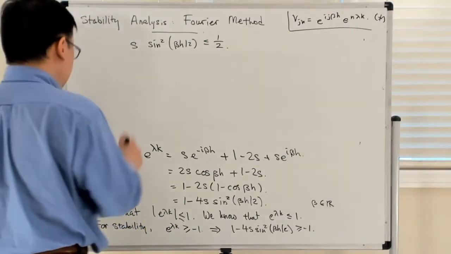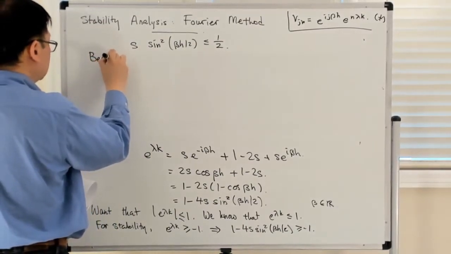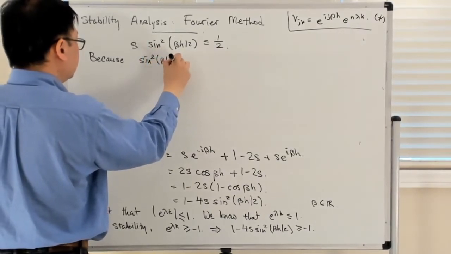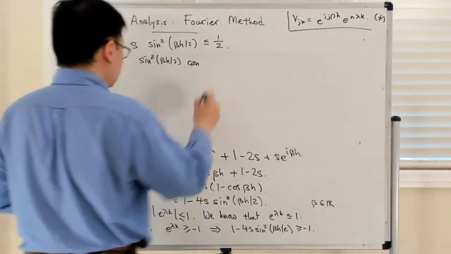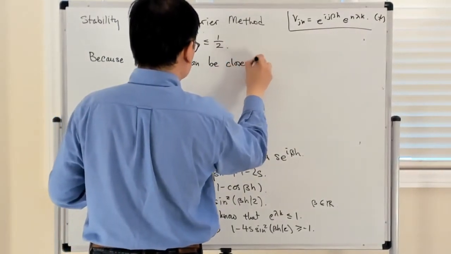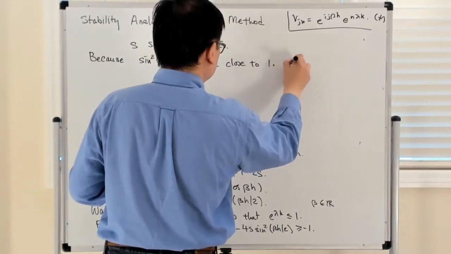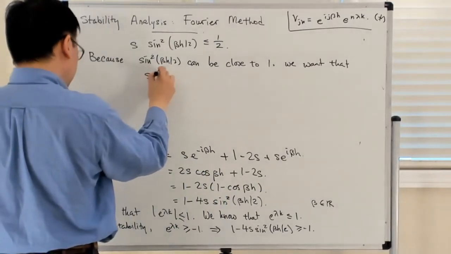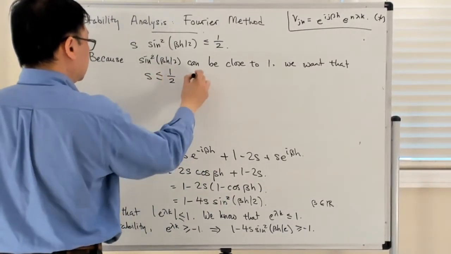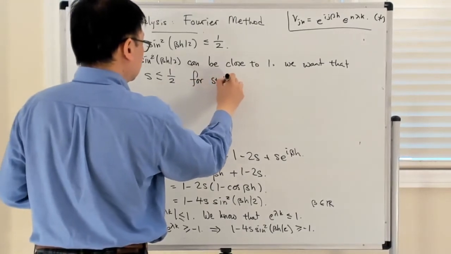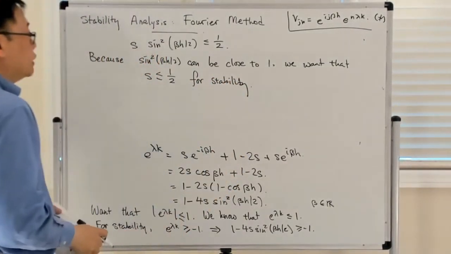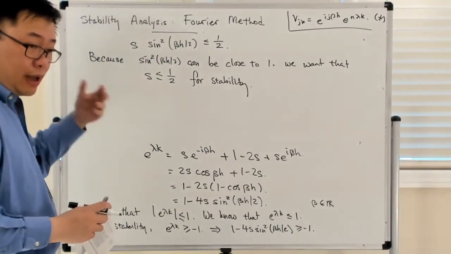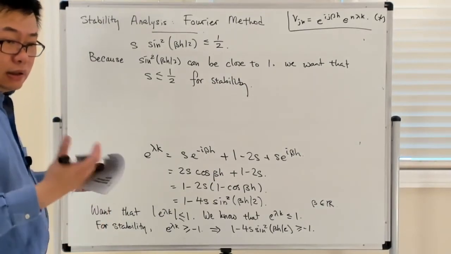Because sine squared (βh/2) can be close to 0, can be close to 1, we want s itself to be less than or equal to 1/2 for stability. This was the exact same stability condition we had derived before by looking at the spectral radius of the linear system.